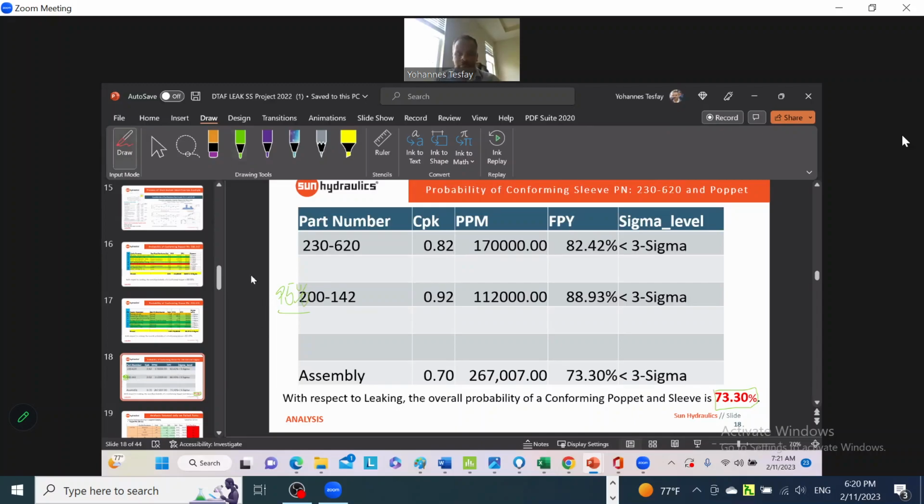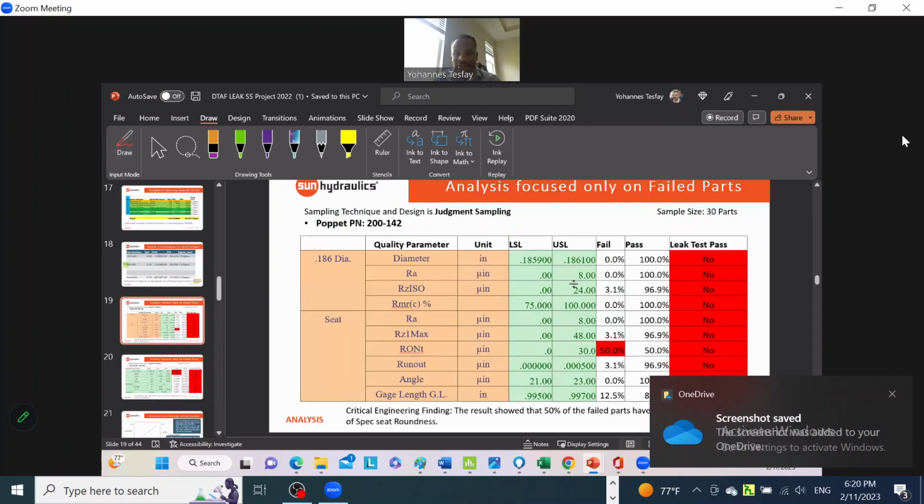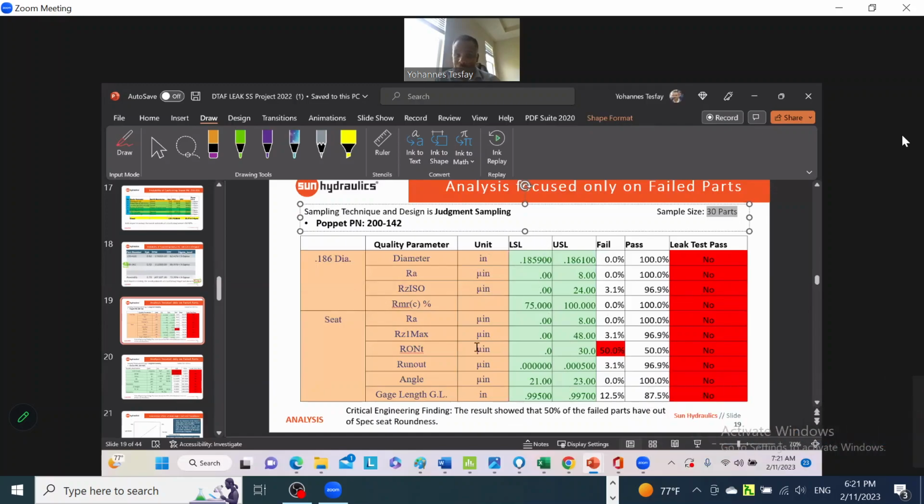And then this is further analysis. We have 30 parts, and we do this comparison with all the specifications given, using a binomial approach to calculate that.